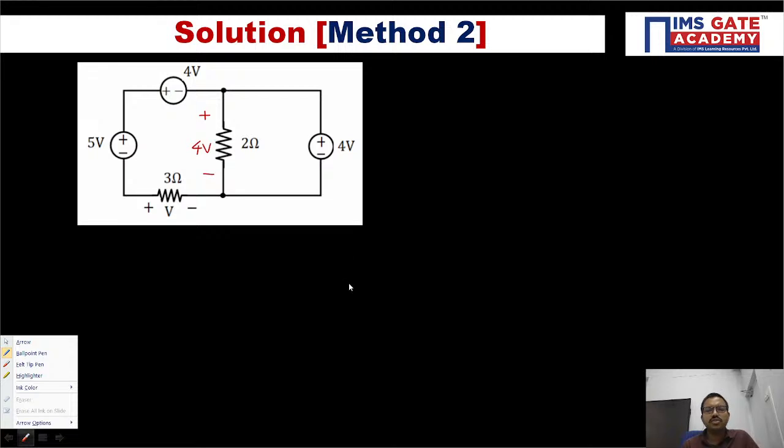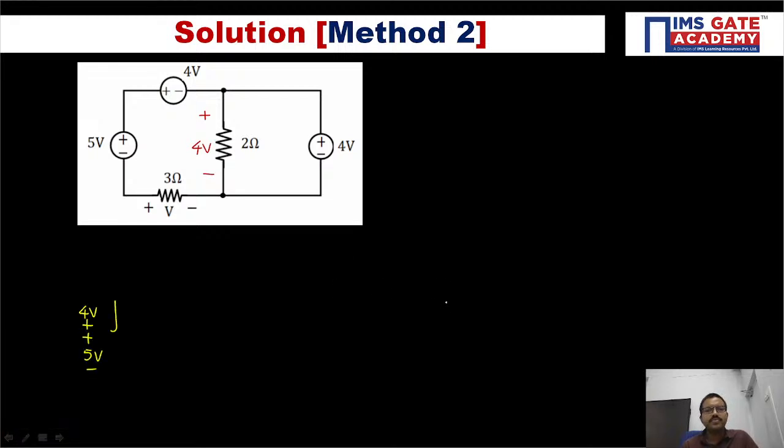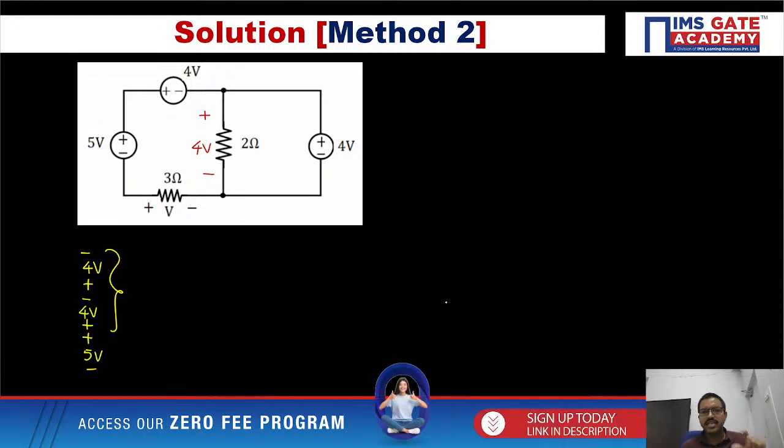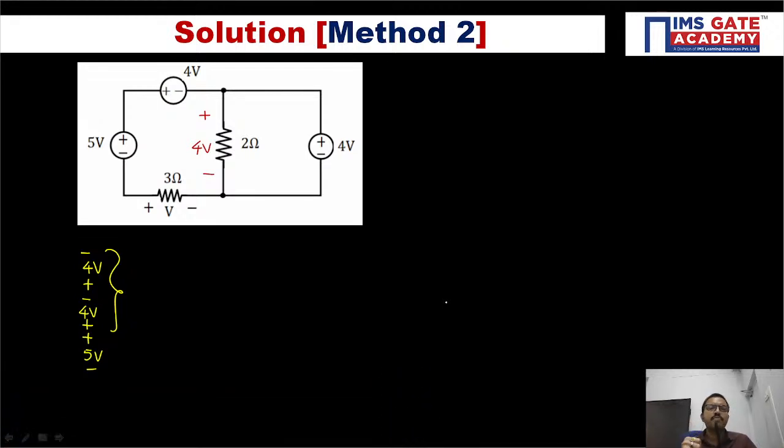Just like the earlier question. Here the 5 volt polarity is considered plus minus as it is. Now the 4 volt sources that are horizontal, when kept in vertical alignment, give polarity minus plus, minus plus.